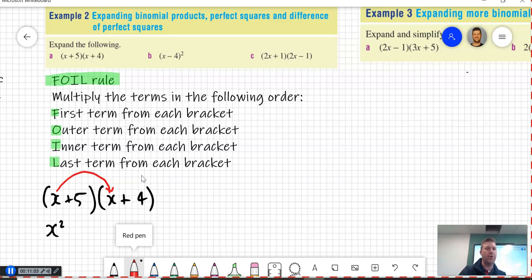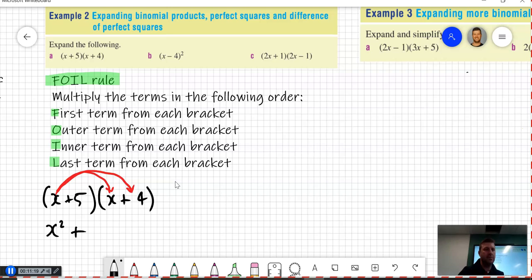And then I'm going to do the outer term from each bracket. So the terms that are on the outer, I guess x and positive 4. So x times 4 is, anybody? X times 4? 4x. Good. Then I'm going to do the inner terms.